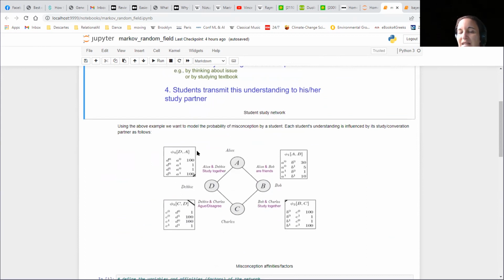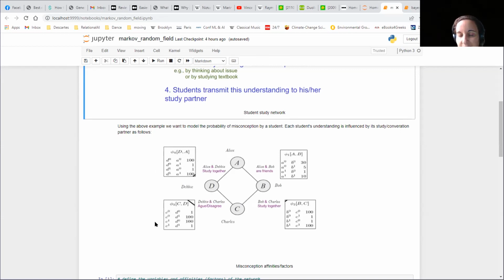So as we said, if they studied together, they probably come up with the same understanding on the topics because they study and discuss together, in which case the affinity functions that we create give a large number on the cases where they agree and a smaller number where they disagree. That is the top left matrix. Okay. So we give a high number when they agree, and a low one when they don't agree.